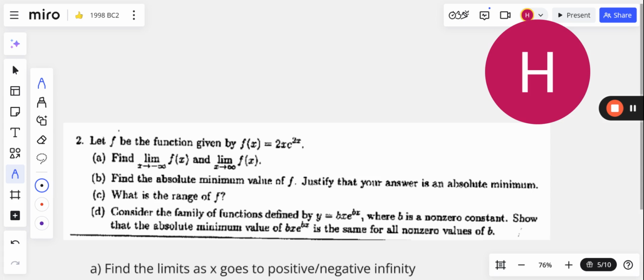Here we're taking a look at a problem from 1998. It's BC2. It does have a lot of elements of an AB problem, so the material is not exclusive to those who understand Calc BC.